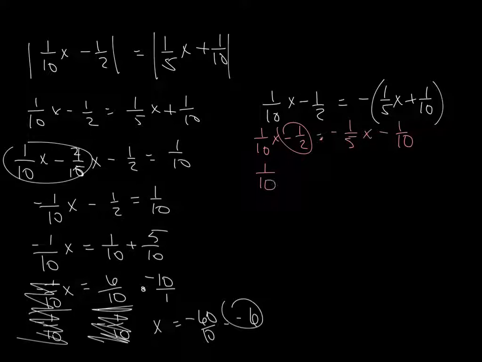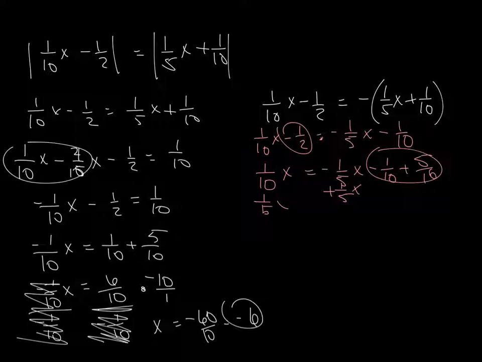Doesn't really matter what order you do this. And instead of 1/2, we'll make it as 5/10 so that we can combine these two. And then we'll add 1/5 to both sides. 1/5 x. And actually that'll be 2/10 then.